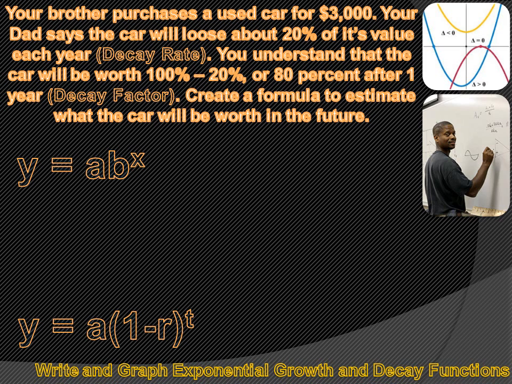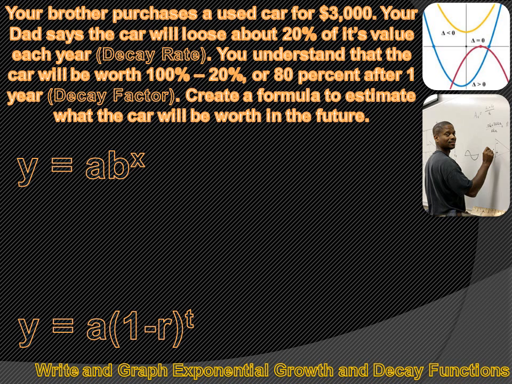We can also rewrite that equation, and it might be more helpful or easier for you to understand if we use the equation in this form. Y equals a times 1 minus r to the t power. We've changed x to t, and that's just to remind us that x is really a time period, or the number of time periods that we're talking about.